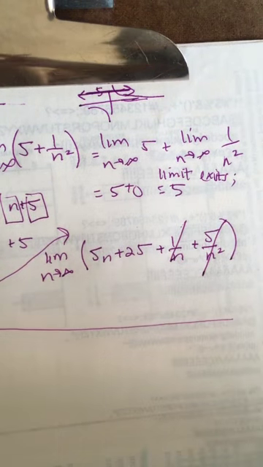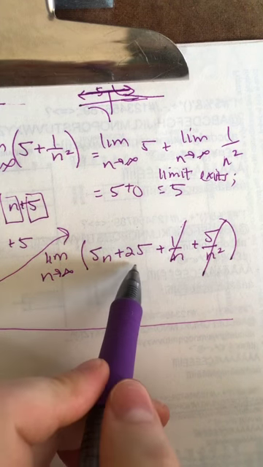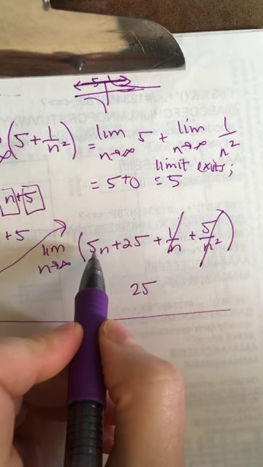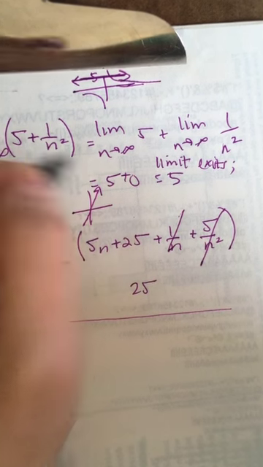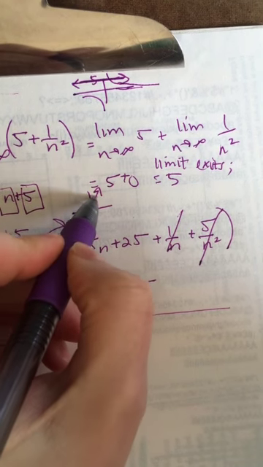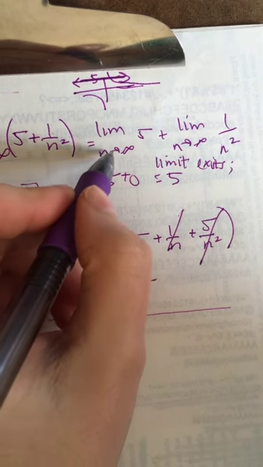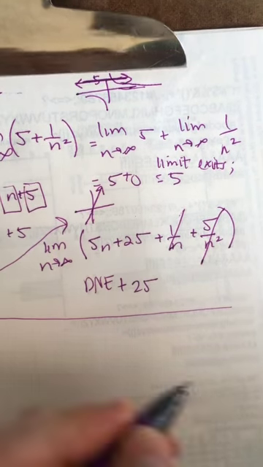So I don't care about them, they disappear. Pause here if you need to think about why they go to 0. The limit of 25 is 25. But 5 times n, y equals 5n, is more of a steep line, but it just keeps getting higher and higher and higher. That is a does not exist.